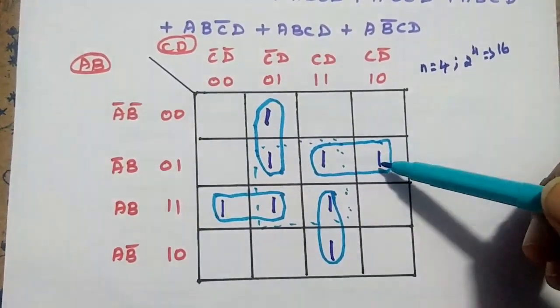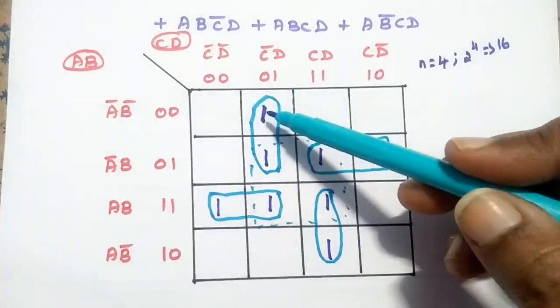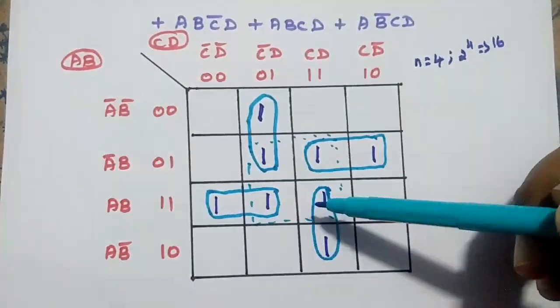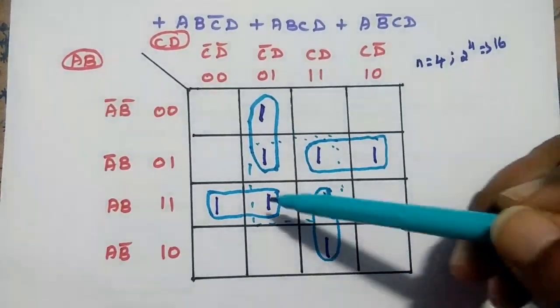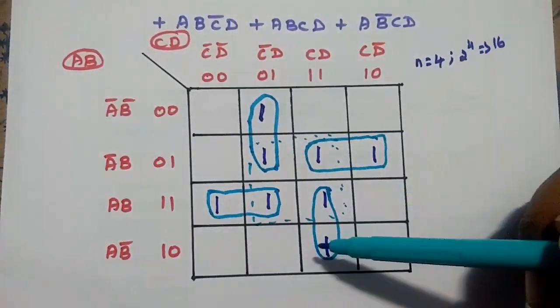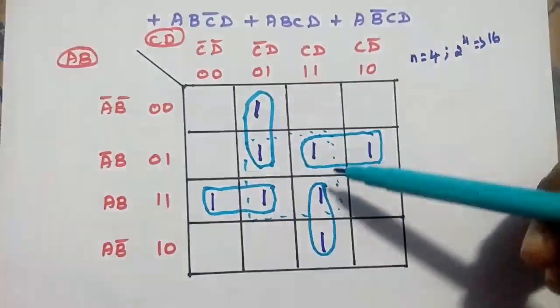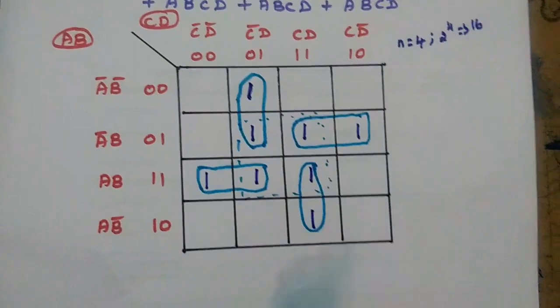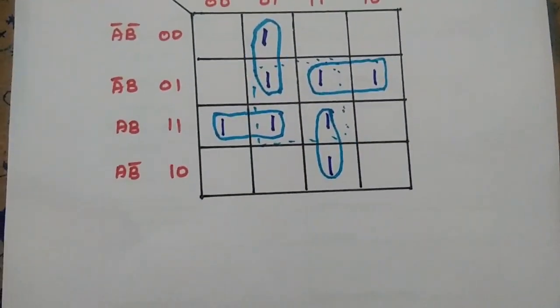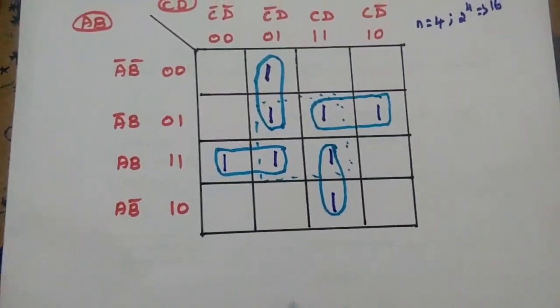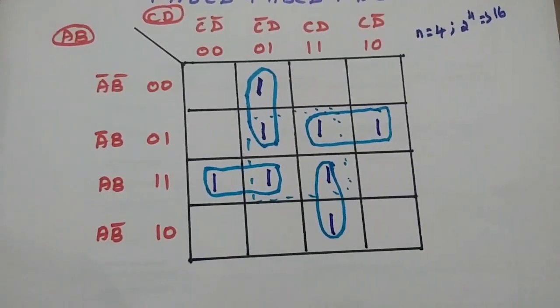So this one is grouped with this one, and this one is grouped with this one combined with this one combined with this. So nothing is isolated. So there is no need to make these 4 ones together. Okay. So after grouping the ones, the next step we are going to write the simplification form.